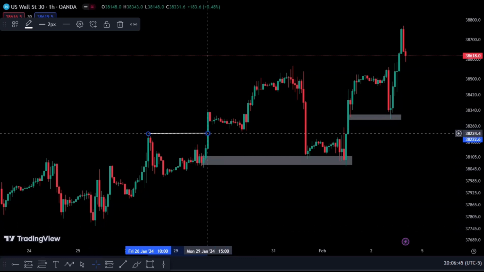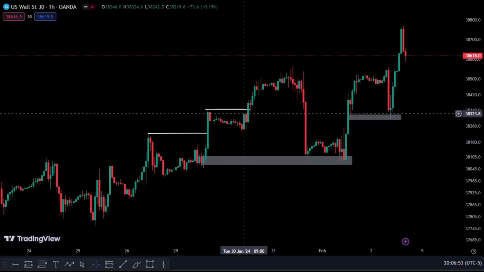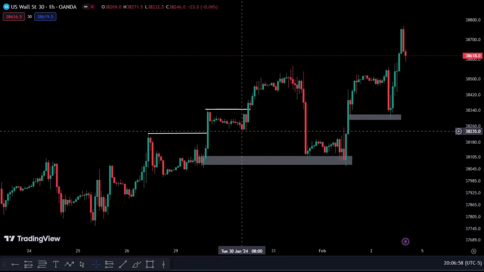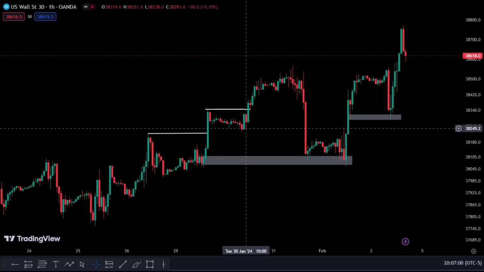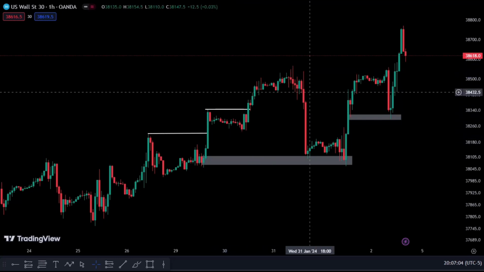So that's the number one area there, where we had a break of market structure, and we had another break of market structure here. But the retracement here wasn't much, and the movement to the upside wasn't much. So that was why the possibility of it coming back to our demand zone was greater.